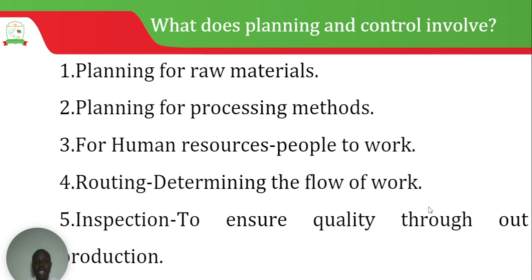The other one is planning for processing methods. That's very, very important. What are the methods that we are going to use to process our goods? And also, very importantly, the third one is planning for human resources. So these are the people that are going to work in our production facilities.